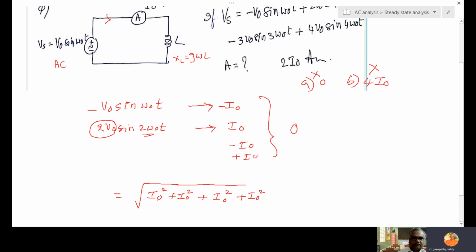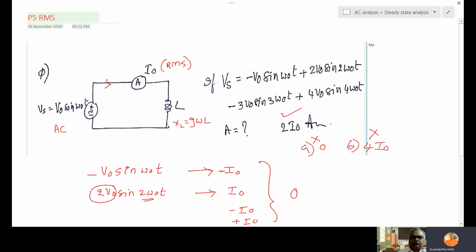This I naught is RMS, na? Individual values are already available in RMS. So root of this, what do you get? Root of 4 I naught square equals 2 I naught. This is correct. 2 I naught is correct.